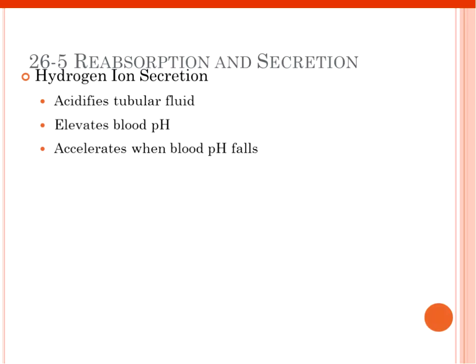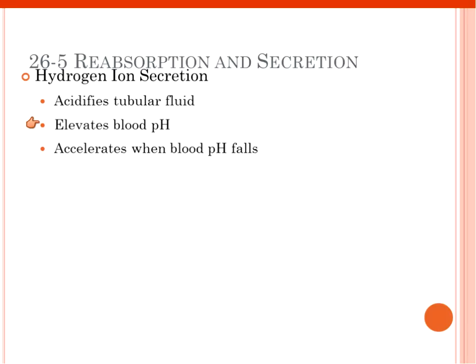Hydrogen ion secretion, and remember, if we're secreting it, we are not keeping it in circulation. We're putting it back into the filtrate. We want to get rid of it. That's what makes your urine acidic. So it acidifies that tubular fluid, or the contents of the fluid in your nephron, which is your filtrate, or your pre-pee. If we have too many hydrogen ions in circulation, they can lower your blood pH.